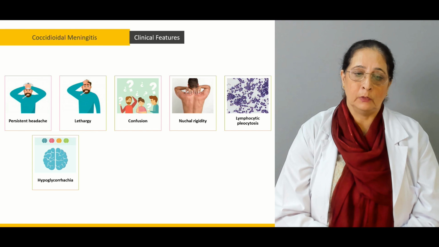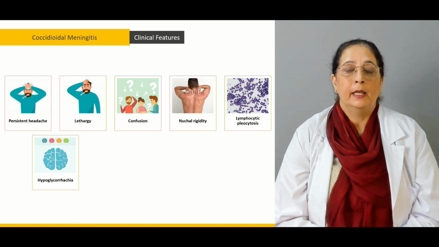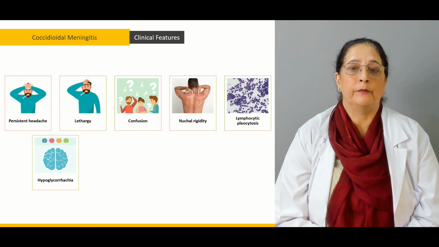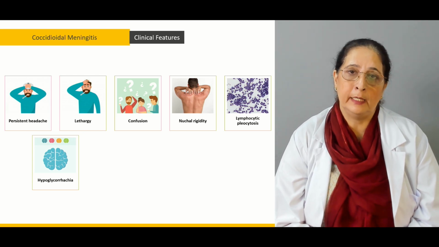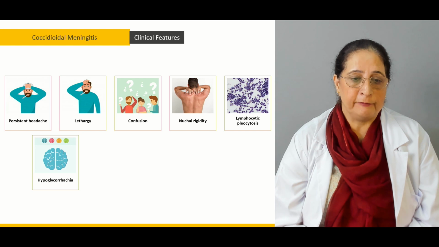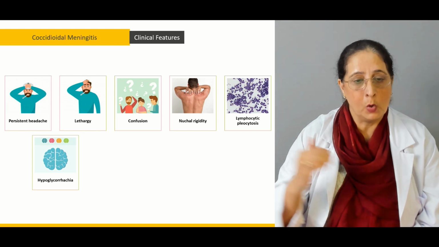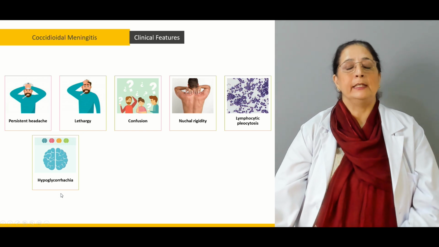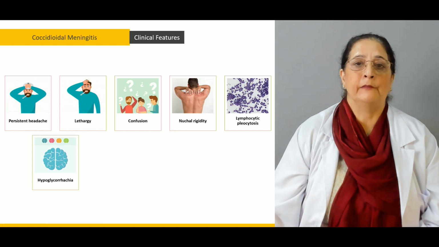Hypoglycorrhachia is also associated with the meningitis. This is a decreased level of glucose in the cerebrospinal fluid. Hypo is low, glyco is for glucose, rrhachia in the cerebrospinal fluid.